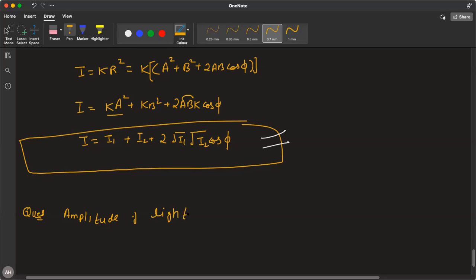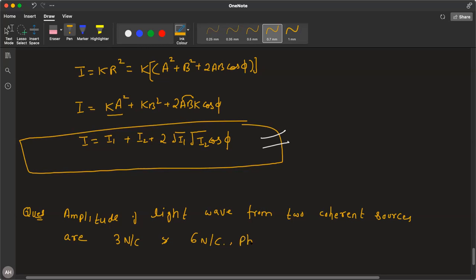Amplitude of light waves from two coherent sources are, like, for the first the amplitude is 3 Newton per coulomb, and for the second wave the amplitude is 6 Newton per coulomb.